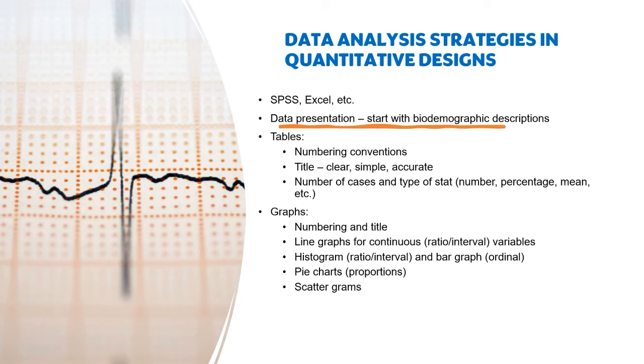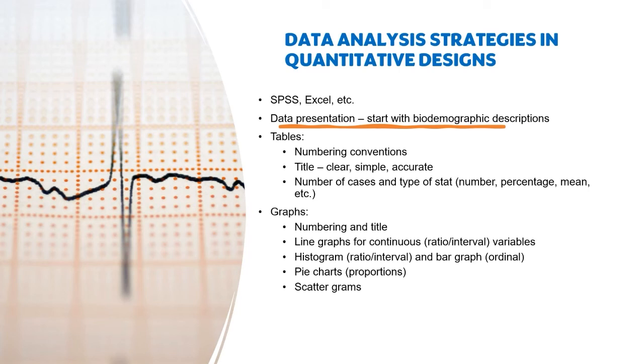Don't just put in the table and think, okay, these people can go and read for themselves how many people suffered from food insecurity. Always interpret your table for the reader. With your tables, make sure that you understand the numbering conventions, how must your table be numbered. Always give it a clear, simple, and accurate title.